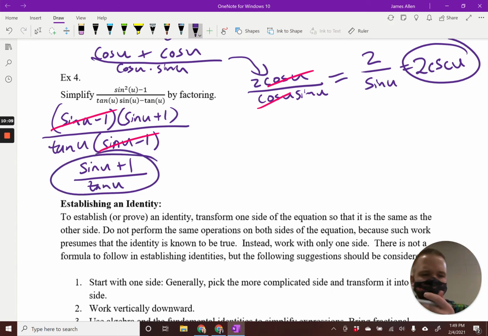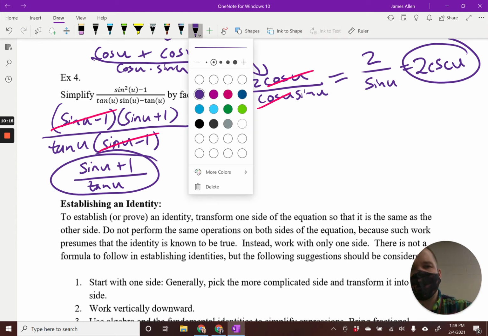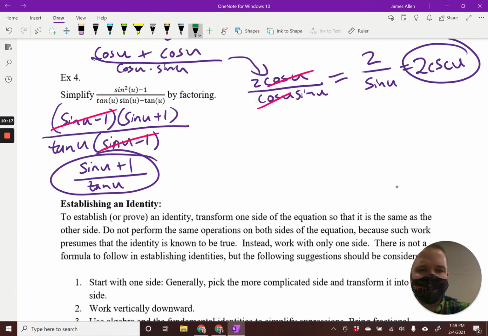Now, you might be looking at that and be like, well, can we do something else? Because tangent of u would be sine over cosine. I'm going to do a little sidebar here. If you wanted, you could think of dividing by tangent of u as multiplying by cotangent of u, right? Dividing, multiply by the reciprocal. So sine of u plus 1, and then cotangent is cosine over sine.